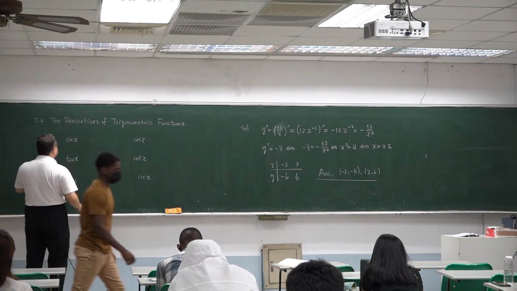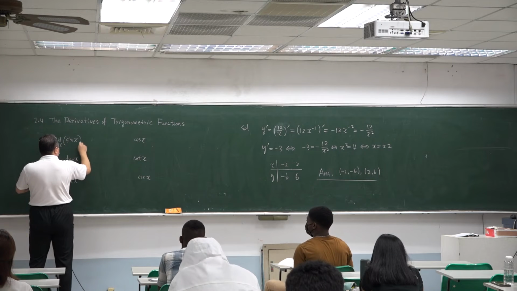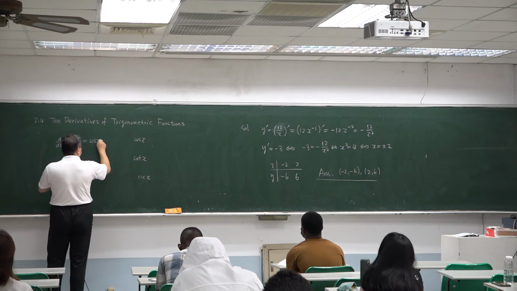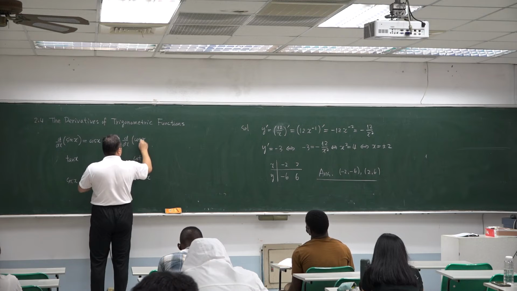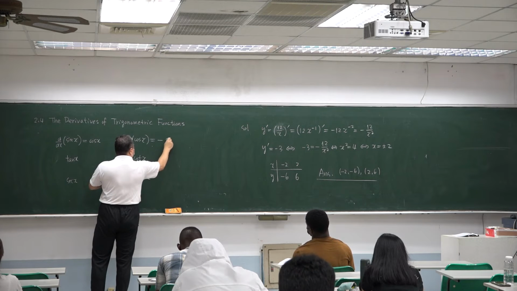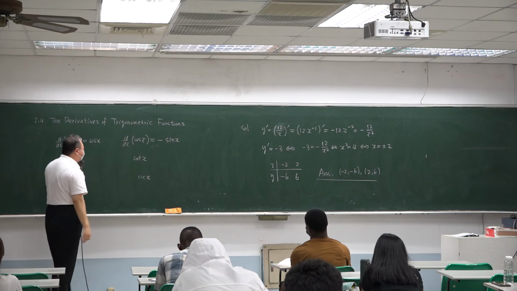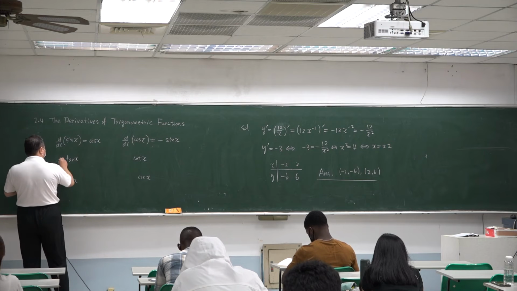Their derivatives: the derivative of sine is cosine, and the derivative of cosine is minus sine. We will derive all these 6 formulas.